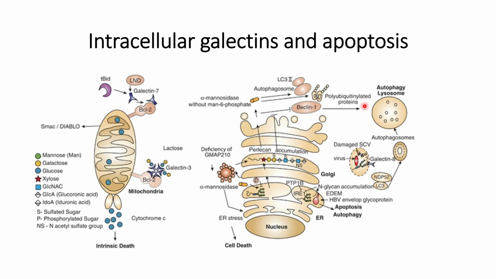This polyubiquitinated protein will be recognized by the ubiquitination enzyme and diverted towards the autophagy lysosome. So this is because of the accumulation of perlecan in the Golgi.